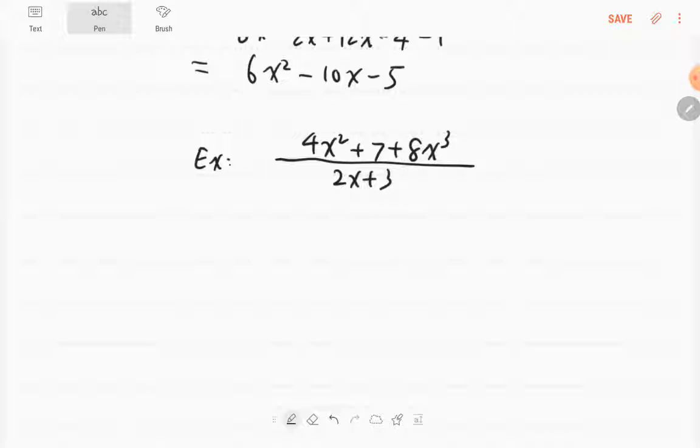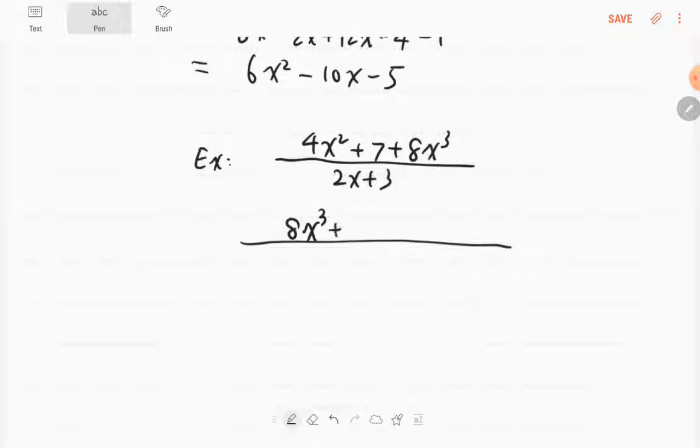If we put them in order, we will write the highest degree is x to the third, right? So the highest degree is 3. Or we will say the degree of this polynomial is 3.